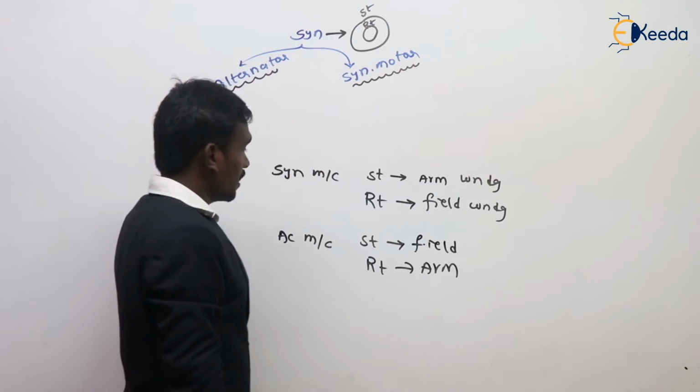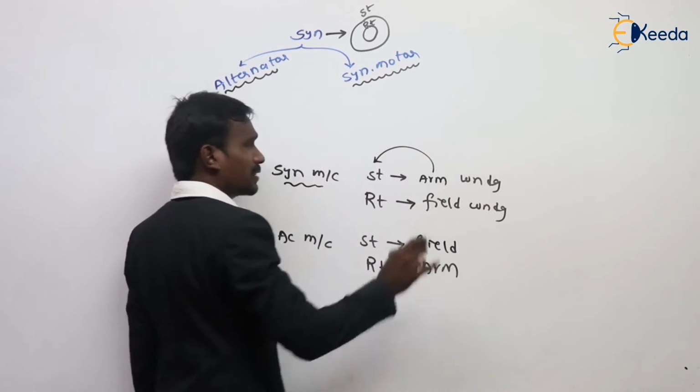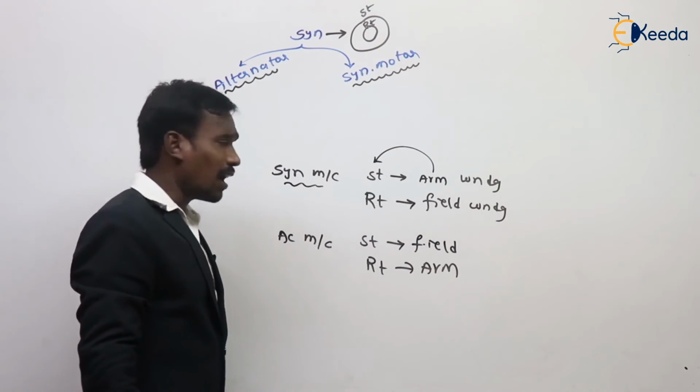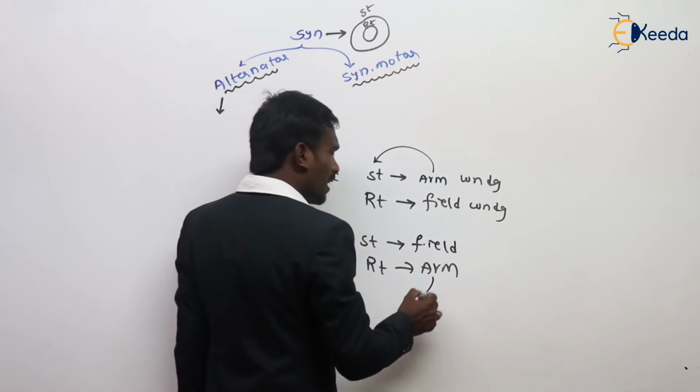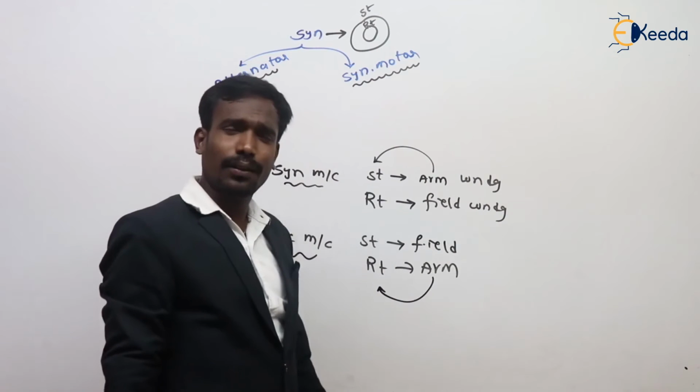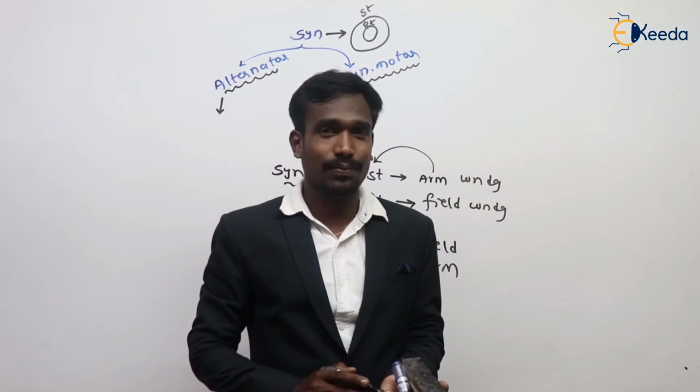Sir, in a synchronous machine, why is the armature winding placed on the stator, or in a DC machine, why is the armature winding placed on the rotor? What are the reasons? I want the reasons, sir.